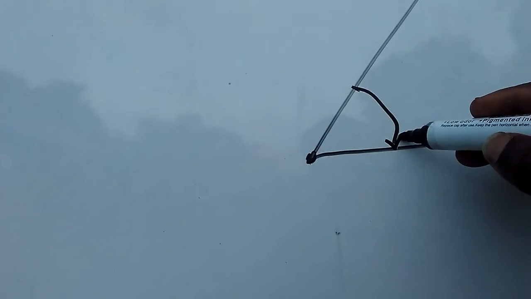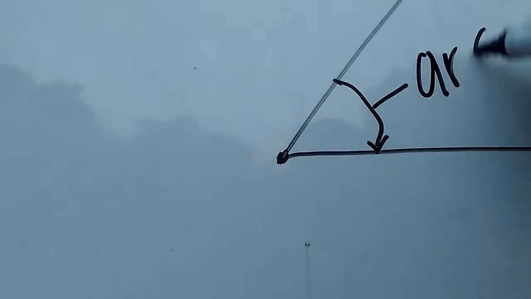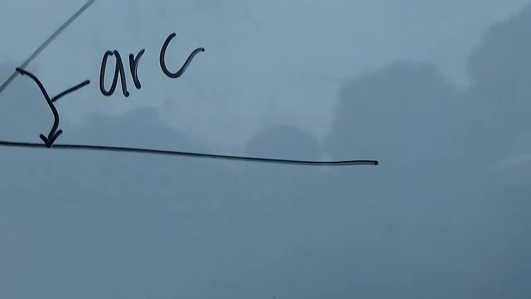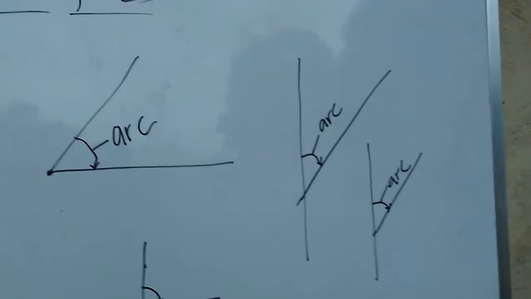An angle is also denoted by this sign that is called an arc. This is an arc. This is also an arc. This is an arc. So you can see these are arcs.